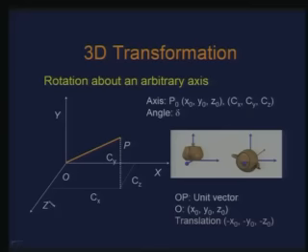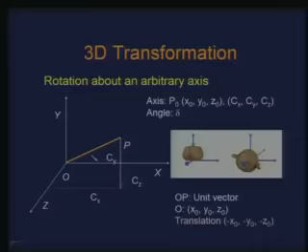Now if I have to rotate about this arbitrary axis OP, we said that we would like to align this to one of the axes, and let us say I choose this to be the z axis. So I want to align this OP vector to the z axis. How can I do that?